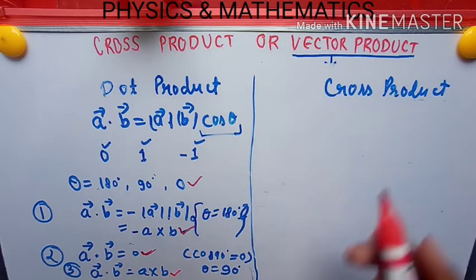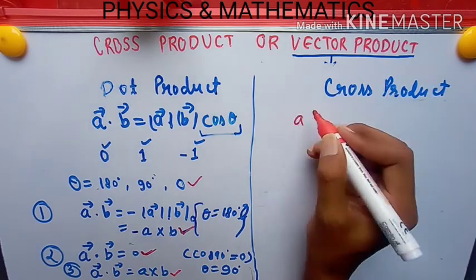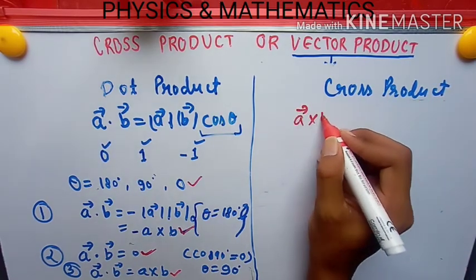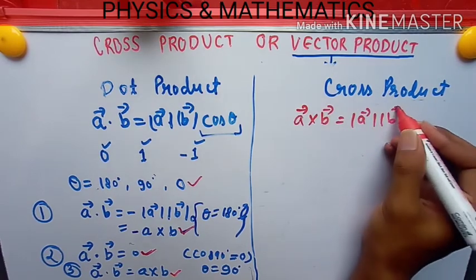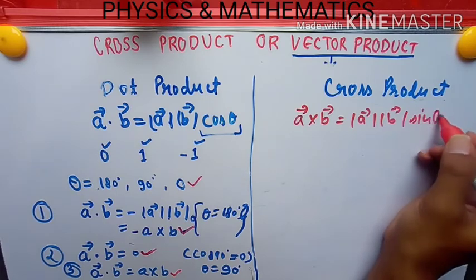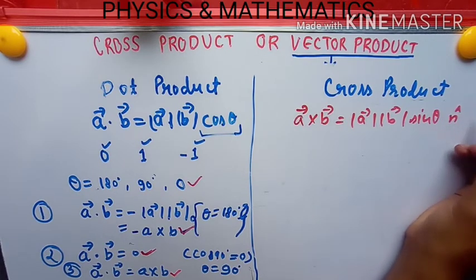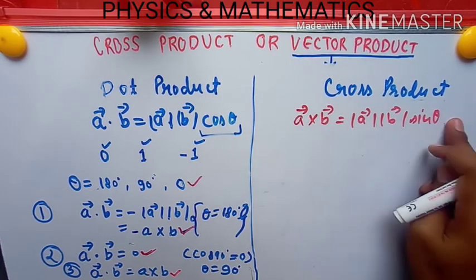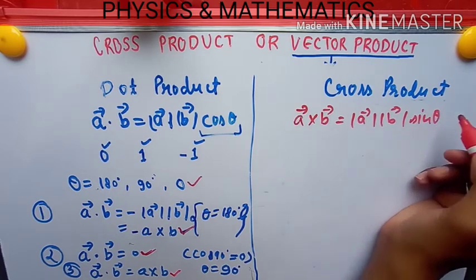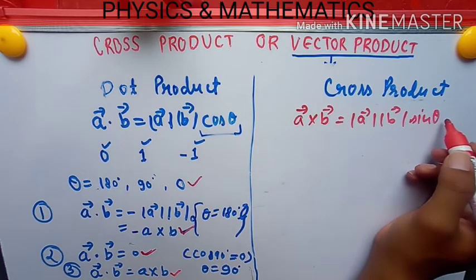Okay, now what about cross product? So let me quickly write the cross product. A cross B is equal to mod A mod B, thereafter sin theta and n cap. If I don't want to talk about direction, means I'm not using the rules, right hand thumb rule or curl rule, whatever you call it, then A cross B is mod A mod B sin theta.